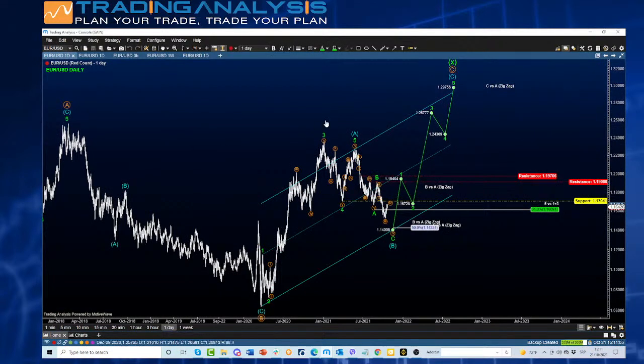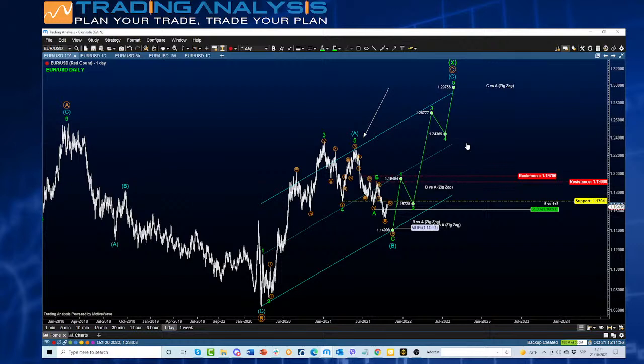In the euro dollar, I'm still looking at this to be a corrective setback on the upside. 5 waves up with a small truncation like we saw in the dollar index in wave A, pullback down in a wave B, and a move up in a wave C. Of course, this is just a hypothesis for now, but I'm going to look for confirmation, which I will seek in a first 5-wave move up from around 114, 113, just to show you how this mirrors a potential move in DXY.